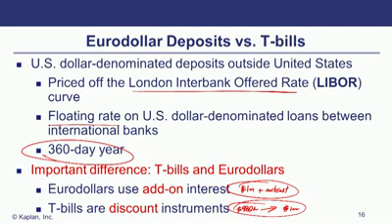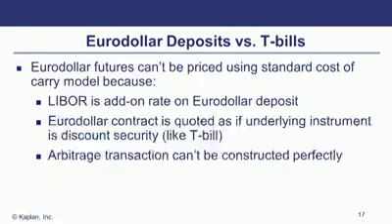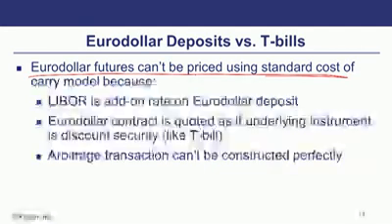Now, why is that important? Well, the reason why I'm mentioning this is because, unfortunately, Eurodollar futures cannot be priced using our standard cost of carry models, because all those cost of carry models assume that some form of arbitrage transaction should be set up in order to ensure the price is correct.